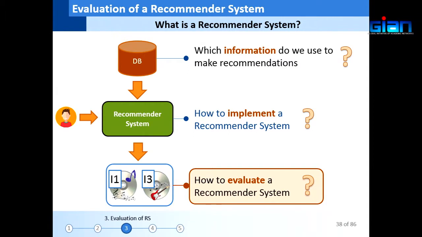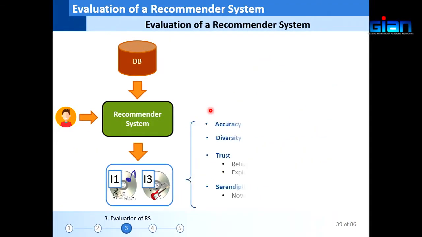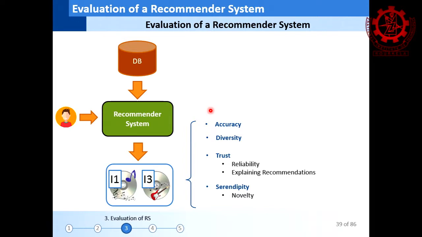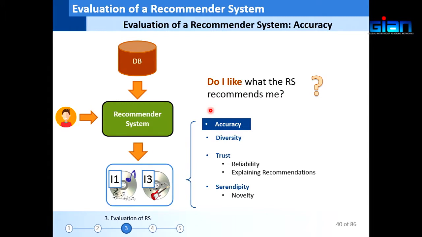Here we can evaluate the recommendations that the system provides for different features. The first feature, the accuracy of the system, tries to answer the following question: whether the user likes what the recommender system recommends. This is the accuracy. The system predicts the user's taste well.